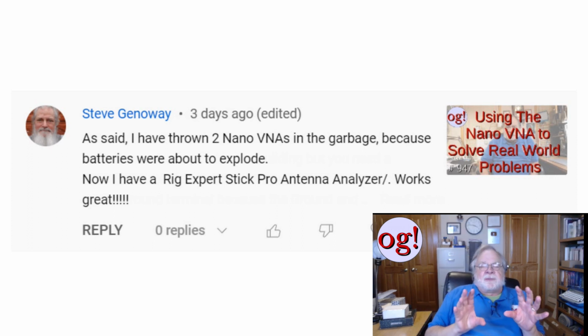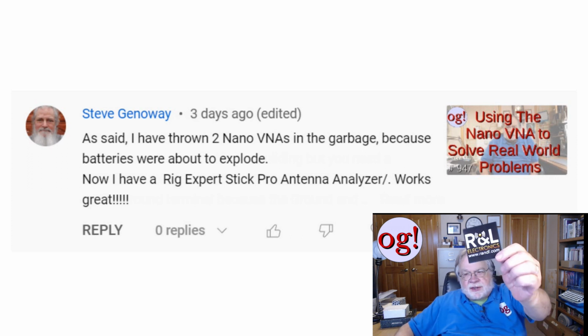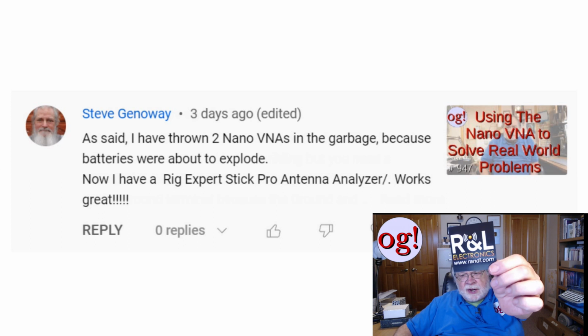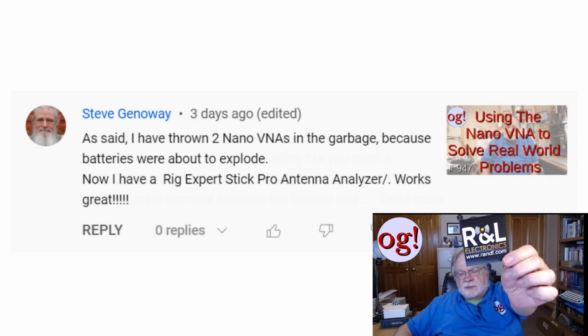See, the thing is that the actual hardware and software for these things is all open source. And so anybody can make it. But if you go to the original page for the people who are maintaining it, they say this is the United States source to go to for the official Nano VNA or tiny spectrum analyzer, okay?